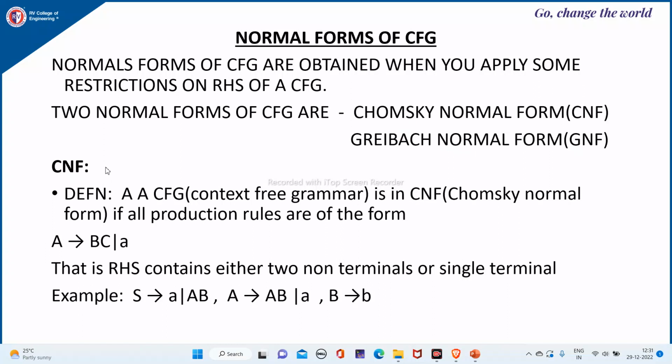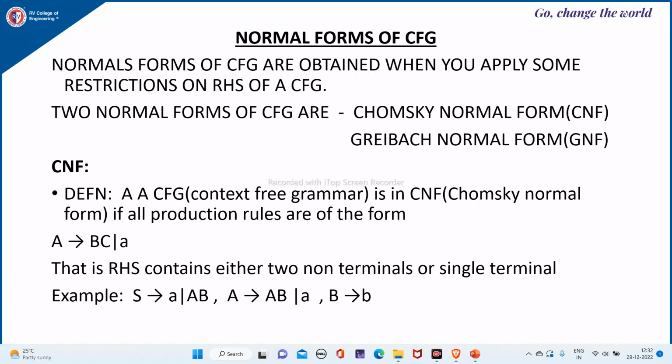So when do you say that the grammar is in the CNF? A context-free grammar is in CNF, Chomsky normal form, if all the production rules are of the form A derives BC or a. That means on the RHS, you should have two non-terminals or a single terminal.